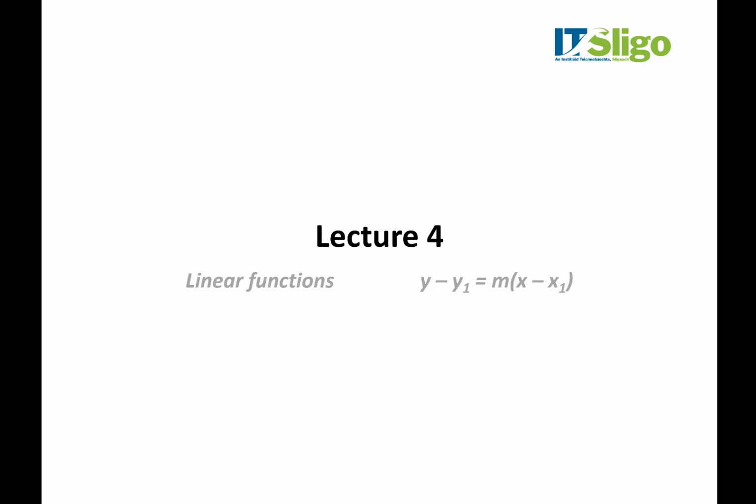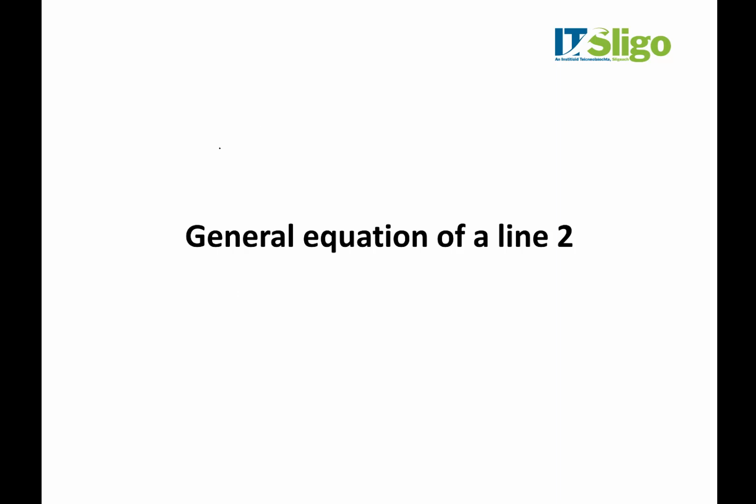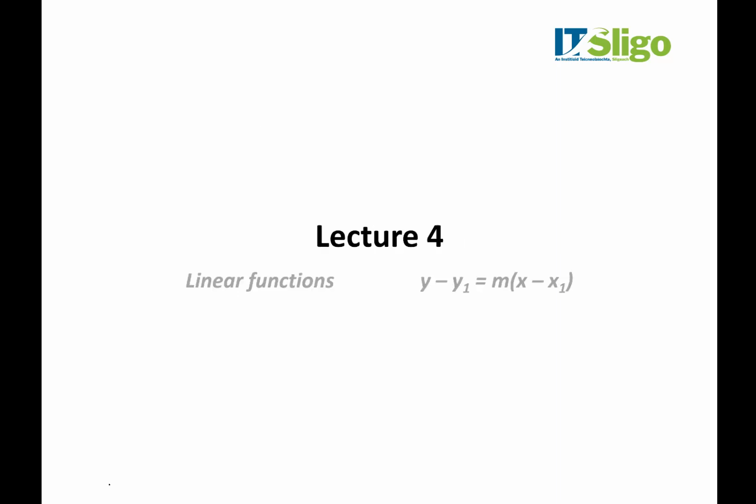In this lecture we're going to take a look at the other general linear equation, which is given here on this first slide. y minus y1 is m times x minus x1. Now, we usually use this equation when we're given our data in the form of points like this. We might be given just 2 points, that's enough to get us going.